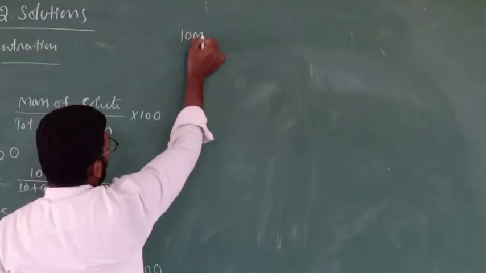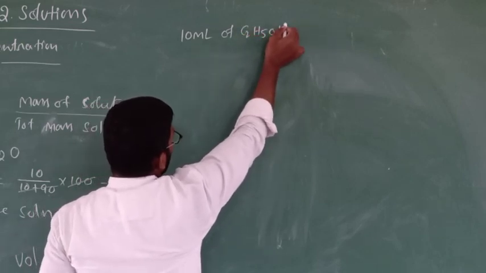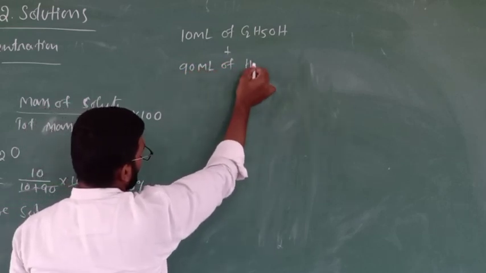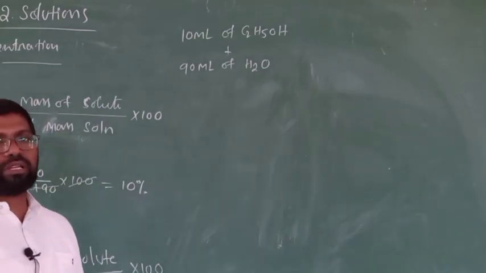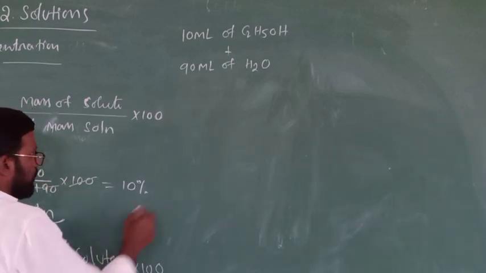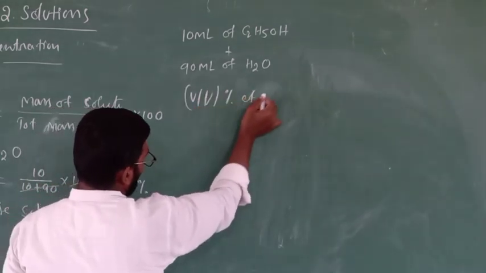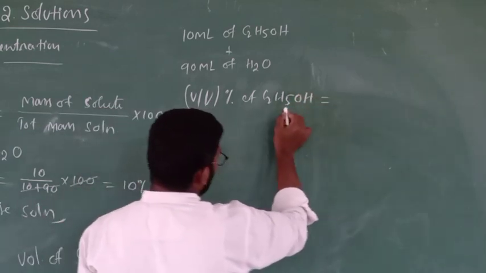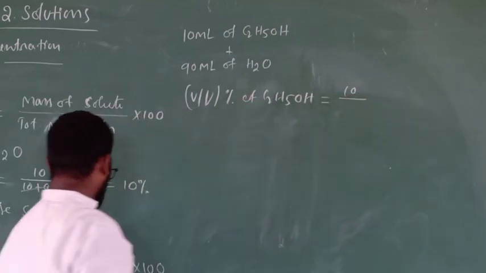To understand this formula, let's take one small example. If 10 milliliters of ethyl alcohol, C2H5OH, is dissolved in 90 ml of water to give an alcoholic solution, then if you want to find its concentration in terms of volume by volume, we use this formula. Volume by volume percentage of ethyl alcohol C2H5OH is equal to the volume of ethyl alcohol, 10 ml, by the total volume of solution.